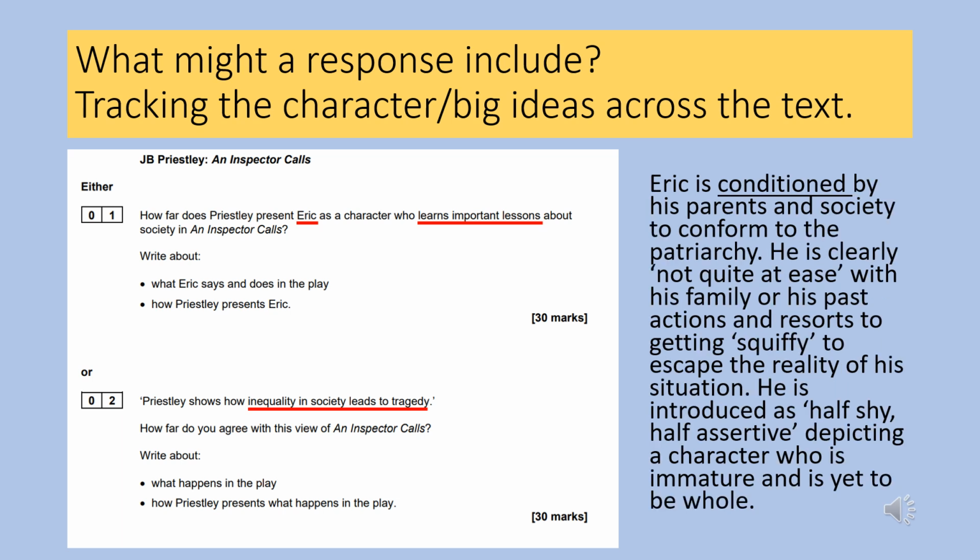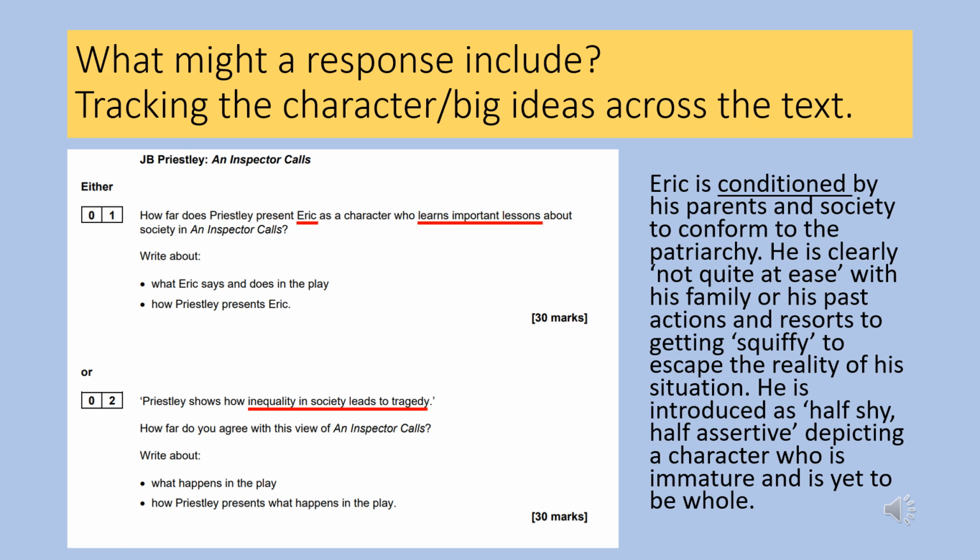Eric is conditioned by his parents and society to conform to the patriarchy. He's clearly not quite at ease with his family or his past actions and resorts to getting squiffy to escape the reality of his situation. He is introduced in the stage directions as half shy, half assertive, depicting a character who is immature and yet to be whole.